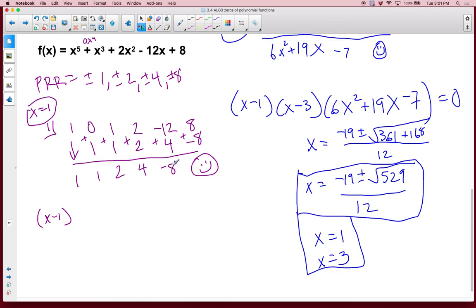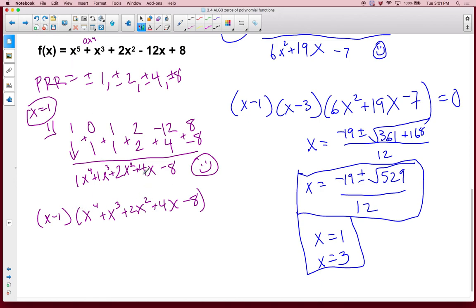Then this is going to be my constant, linear, quadratic, cubic, and quartic. So that means x minus 1 times x to the 4th plus x to the 3rd plus 2x squared plus 4x minus 8 is factored.